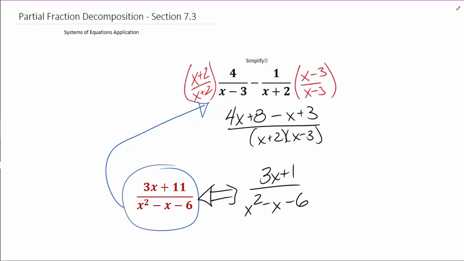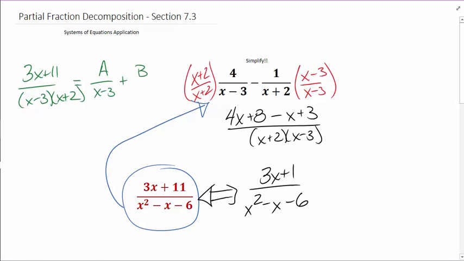There is a proof, and I'm not going to go through the proof, but the proof says that 3x plus 11 divided by the quantity x minus 3, x plus 2 must be equivalent to some number over x minus 3 plus some other number over the factor of x plus 2. That must occur. We are so used to going from the separate fractions to a single denominator. Now we're going to work on decomposing these.